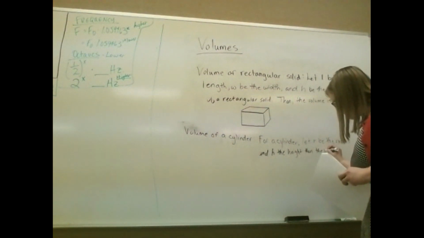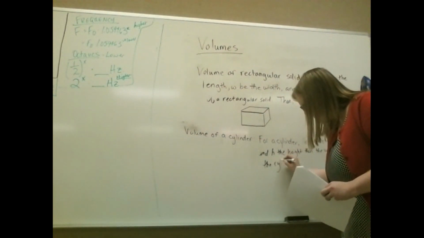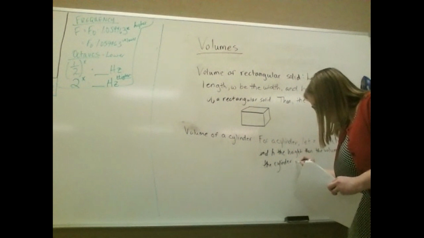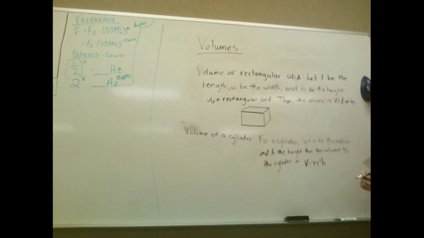Then the volume of the cylinder is V equals pi R squared H. And then I've got to draw a cylinder here. All right. And that's the best cylinder you guys are going to get. It's not great, but it's not horrible either. It could be worse.